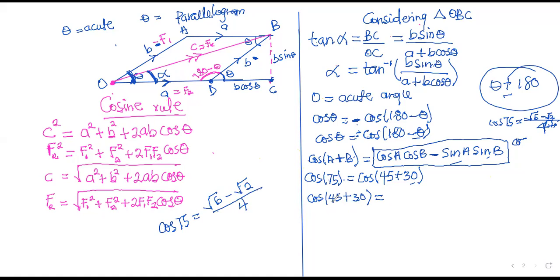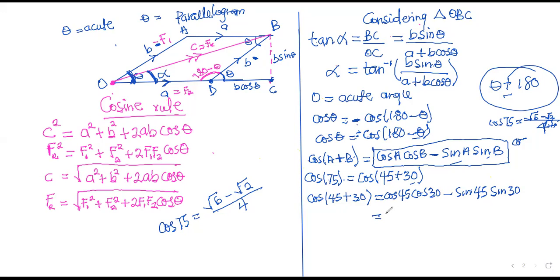Okay, so let's use this to confirm the same answer. So we have cos of 45 plus 30. 45 plus 30 is equal to 75, right? So when we use the trig identity or the formula, we have cos 45 times cos 30 minus sine 45 times sine 30.